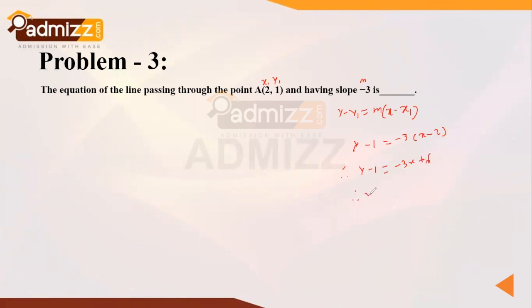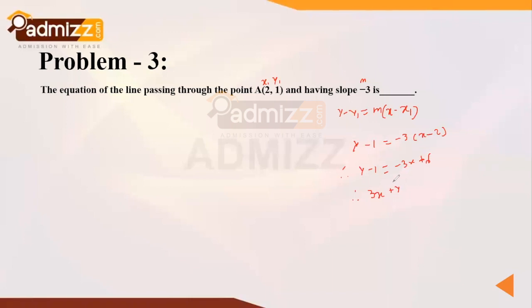If I take the -3x towards the left hand side, it is plus 3x. So it is 3x plus y, and if I take this plus 6 to the left hand side, it is -6.